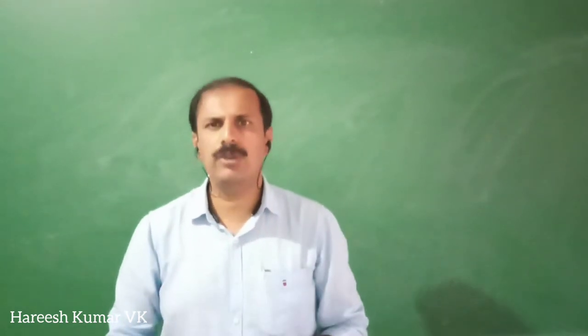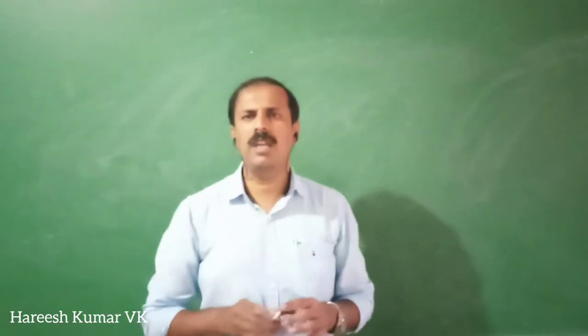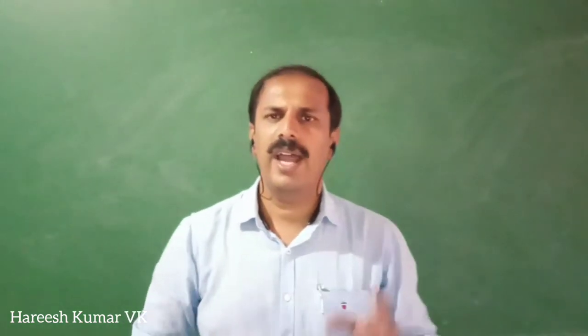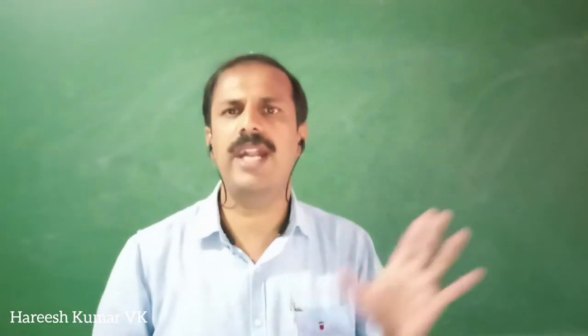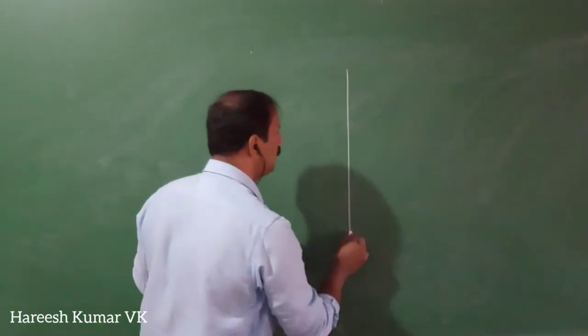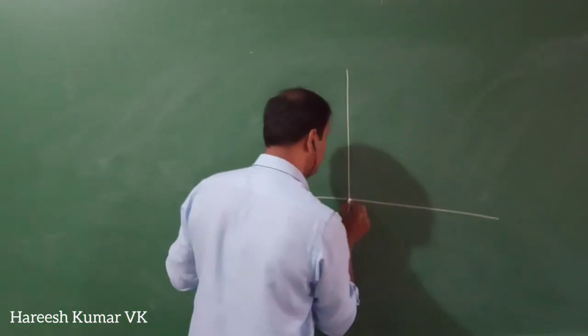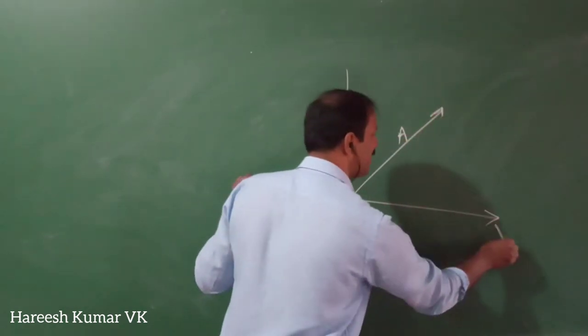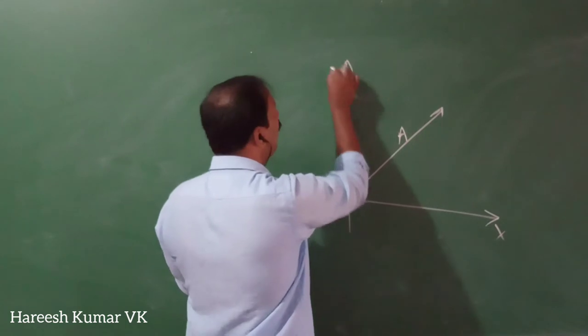Now if you have a particular vector, this vector can be resolved. Resolving a vector means, if you have a vector in a random direction, for example, vector A, with x axis and y axis.